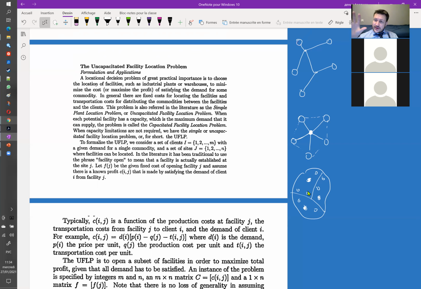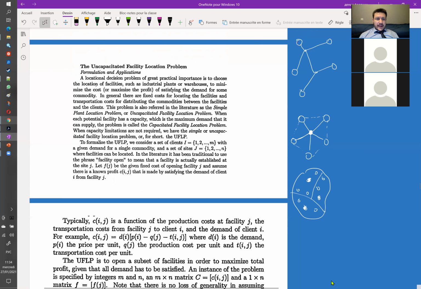Well, there are a lot of supermarkets that are owned by a company, and this company wants to optimize and find places for its supermarkets, like IKEA or Auchan, maybe, or maybe some other stores. They want to find the place in our graph.